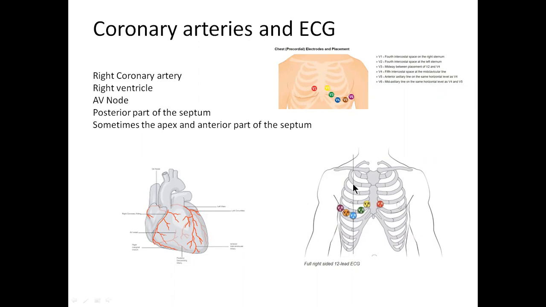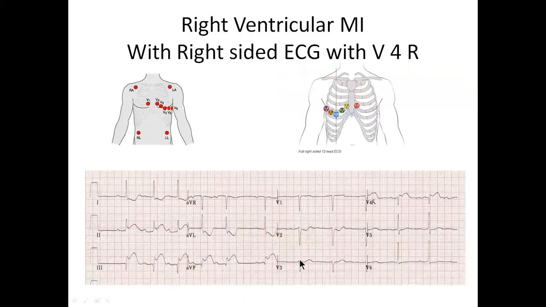Now this is to check the right ventricle. Here is an example. Since the computer is not smart enough, usually we have to handwrite the letter R. Otherwise, later on, nobody would know that the leads were looking at the right side. So we call it a right-sided EKG.